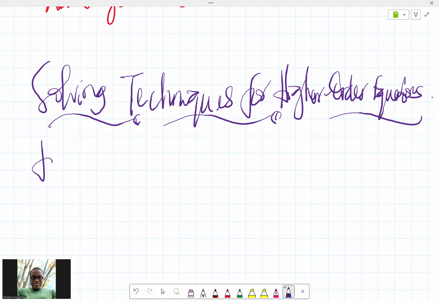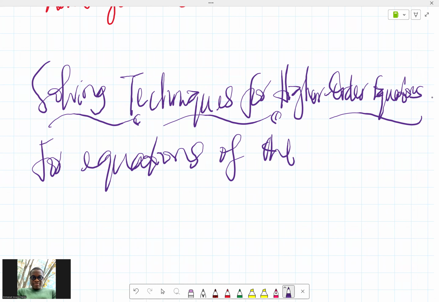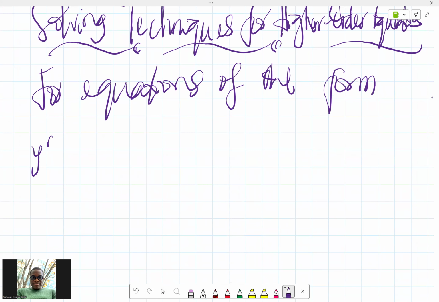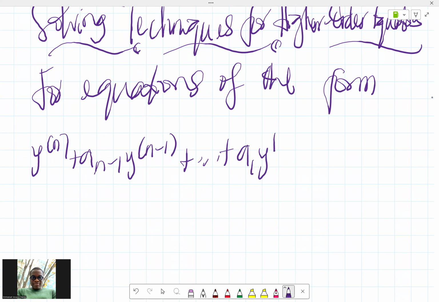Okay, so for equations of the form y^(n) plus a_{n-1} y^(n-1), plus all that, plus a_1 y prime, that's just like what we saw up there, then a_0 y equals 0.